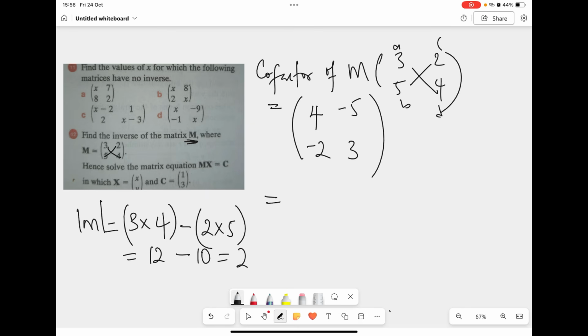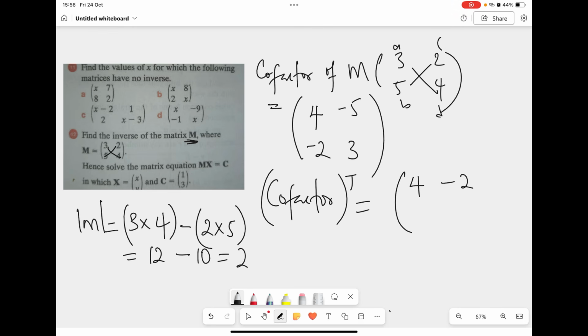So let me clean this. What I'll be having next is the transpose of the cofactor. Then I'll have 4, minus 2. That is changing the first column to the first row.